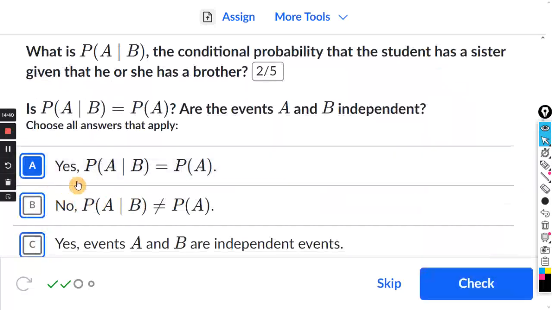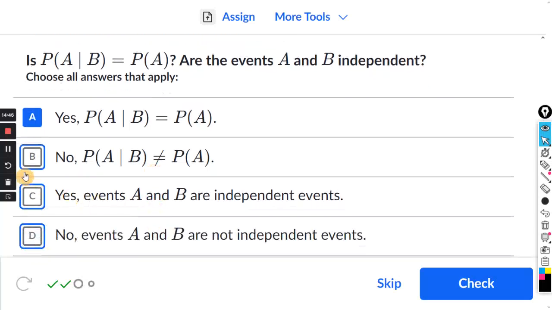So yes, A given B equals A. So B is not true. And we said at the beginning, if A given B equals the probability of A, that means the given B does nothing. So that means the events are independent. We said that in the beginning of the notes. If this is true, they're independent.